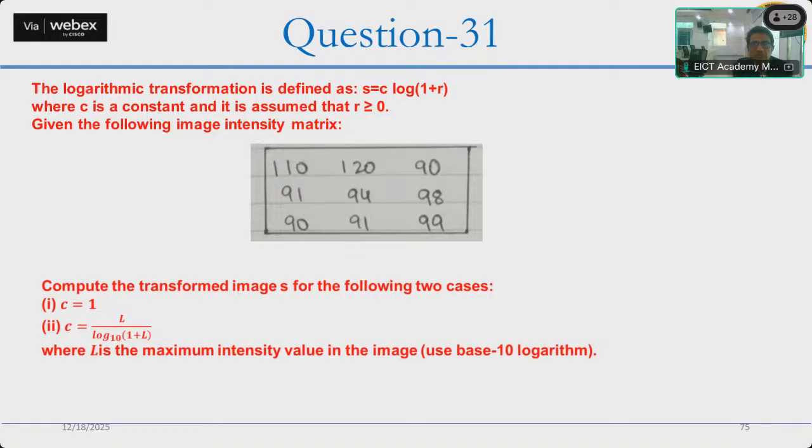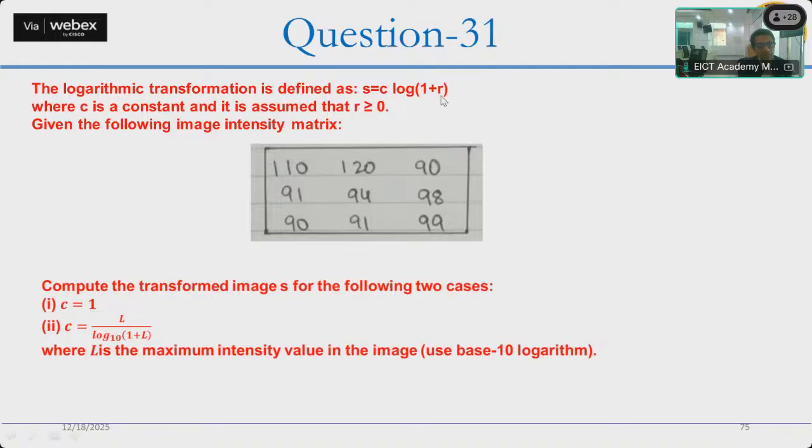Thank you, Jyoti. Now we take up the actual numericals, which give you the feel of what's going on. The logarithmic transformation is defined as s equal to c log(1 plus r), which we covered yesterday before the histogram.